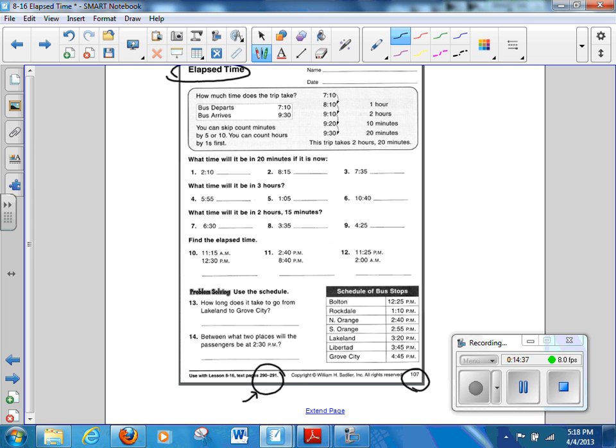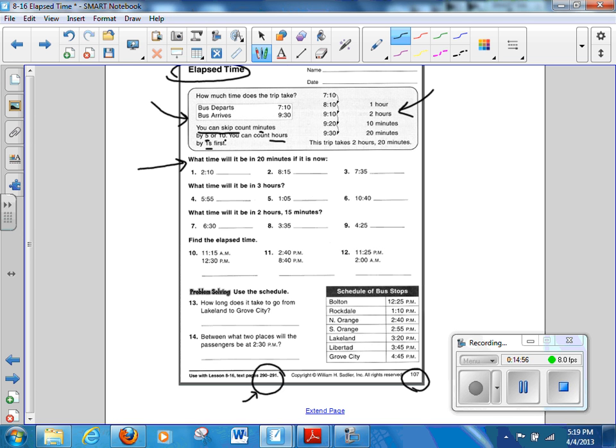And on the top here is some more information and some examples and ways that you can count elapsed time. You can skip count ahead minutes by 5 or 10, or you can count the hours by ones first if you need to do that.